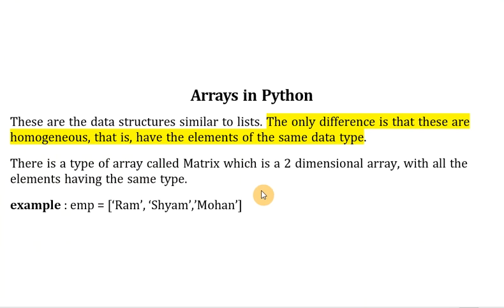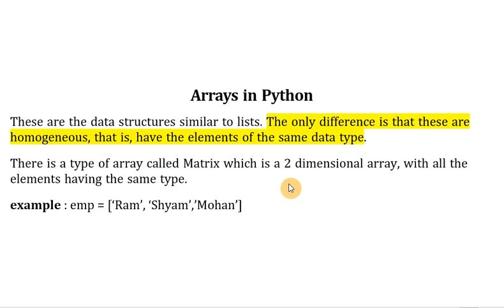So guys, you can see here, arrays in Python are similar to lists, which we have already seen in the built-in data types. Lists are mutable data structures, which means we can change their values, and we can access their elements by their indexes.